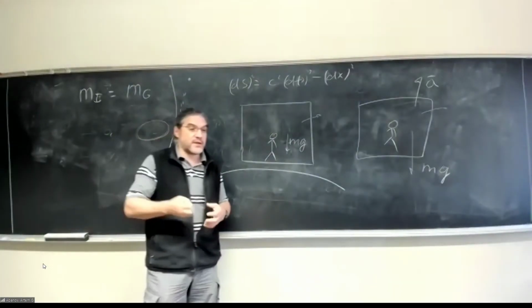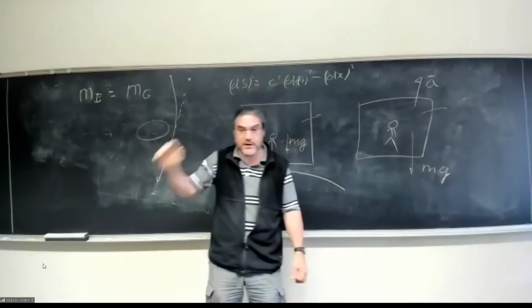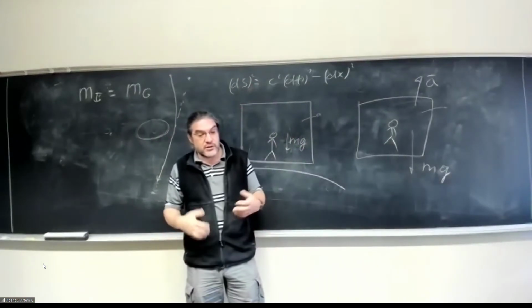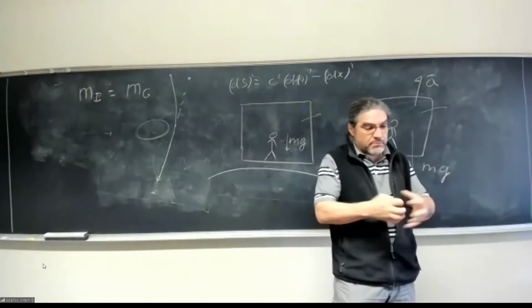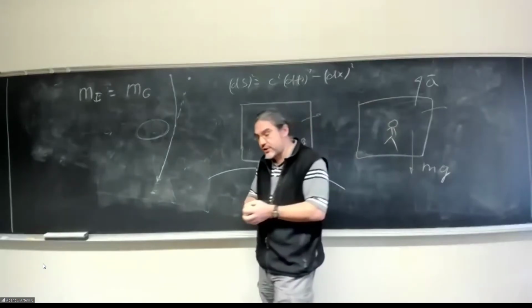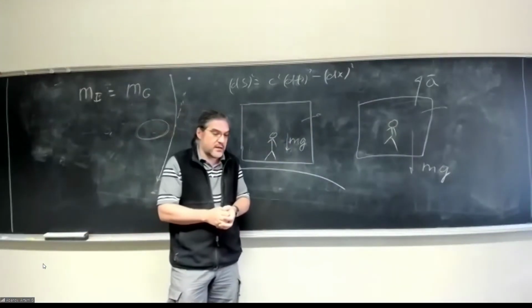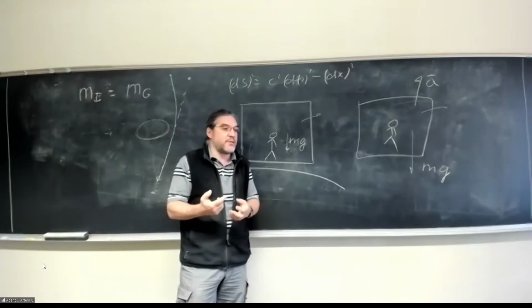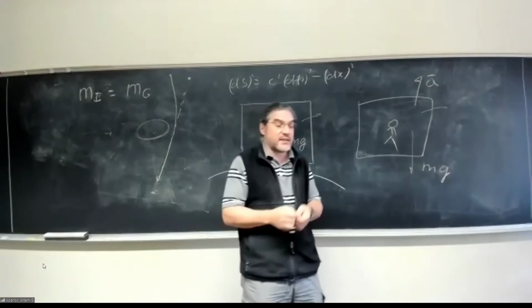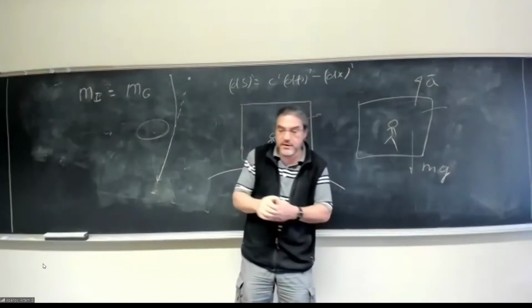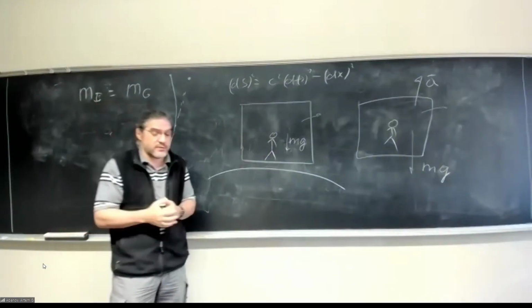In order to escape Earth's gravity and go very, very far away. And so eventually, if you compress that massive object dense enough, then the escape velocity will be equal to the speed of light. And it means that light cannot escape that object, and such an object is called a black hole.